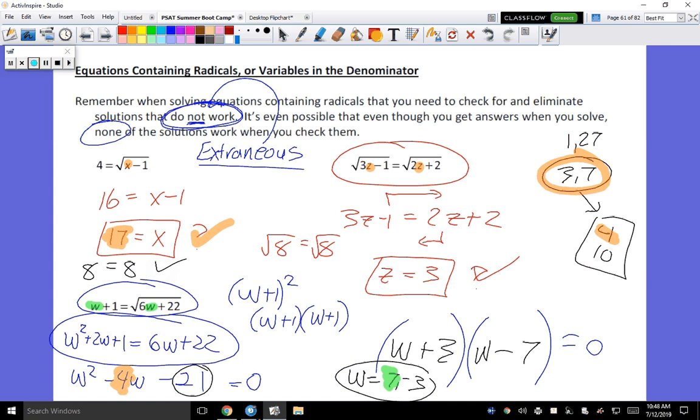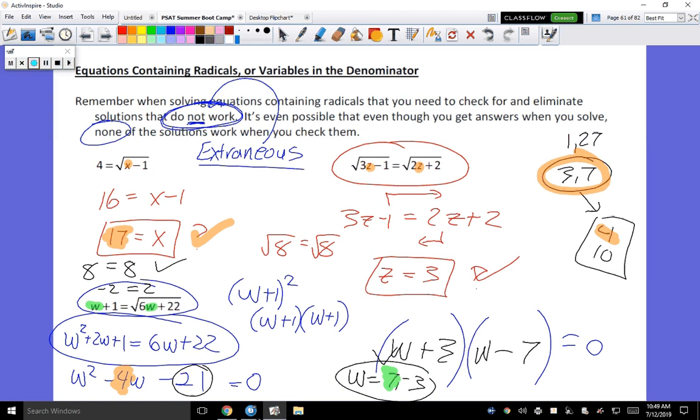So 7 works. If I put -3 here, I get -2, right? -18 plus... It can work because I can't take the square root of a number and get negative, right? So -18 plus 22 is 4, which would give me a positive. Now here, wait, can't you actually? Well, this doesn't work, right?